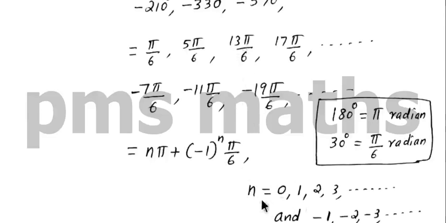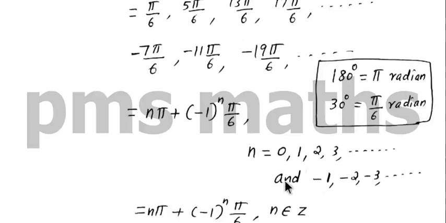When n is equal to 3, this value becomes 17 pi by 6, etc. And when n is equal to minus 1, then we will get this value. Then when n is equal to minus 2, this value becomes minus 11 pi by 6. When n is equal to minus 3, this value becomes minus 19 pi by 6.